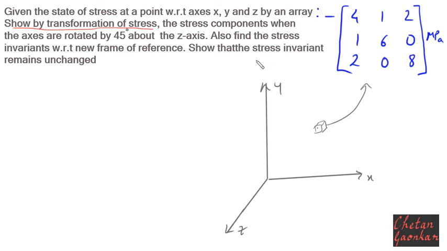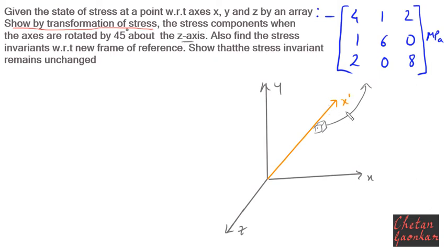So basically, if we rotate these axes by 45 degrees about the z axis, we need to find what the transformed stresses will be. Initially we will rotate the axes by 45 degrees about the z axis. I can draw the x axis here, and this will now be x dash.